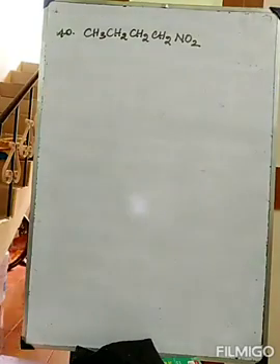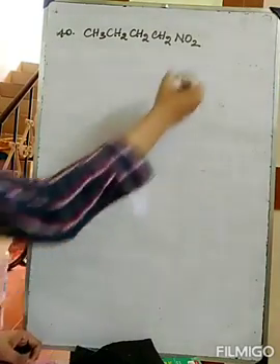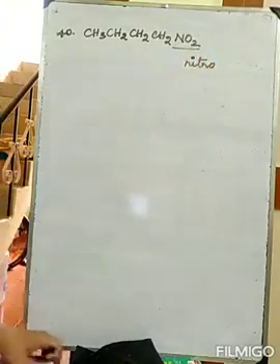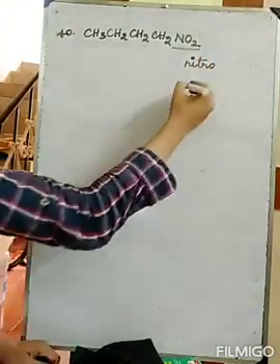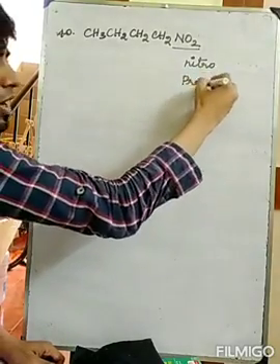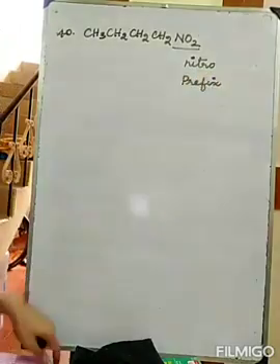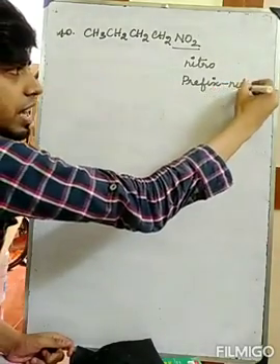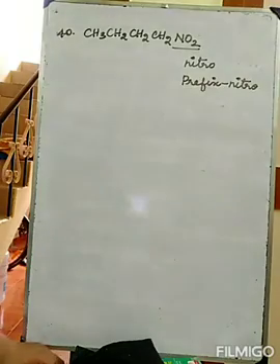What is the functional group here? It is nitro group. Nitro is the functional group. For nitro group, you have to add the prefix. You should not add the suffix, you should add the prefix. What is the prefix? Nitro is the prefix.